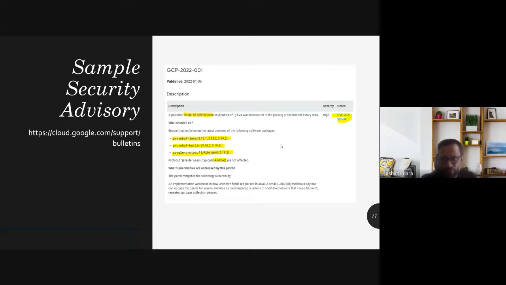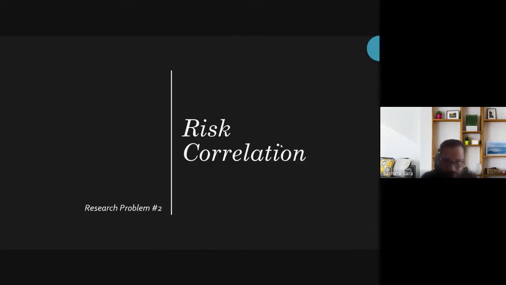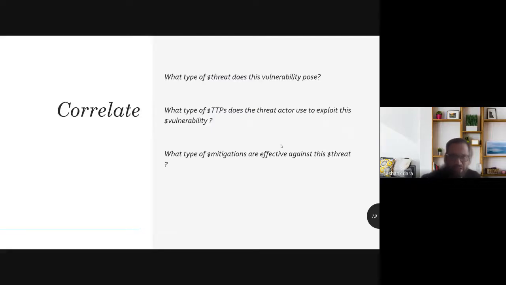The next interesting problem is correlation. What are the problem statements in risk correlation? Let's quickly look into that. Correlation is about this: I have read about denial of service in the news, but I also read about log4j.